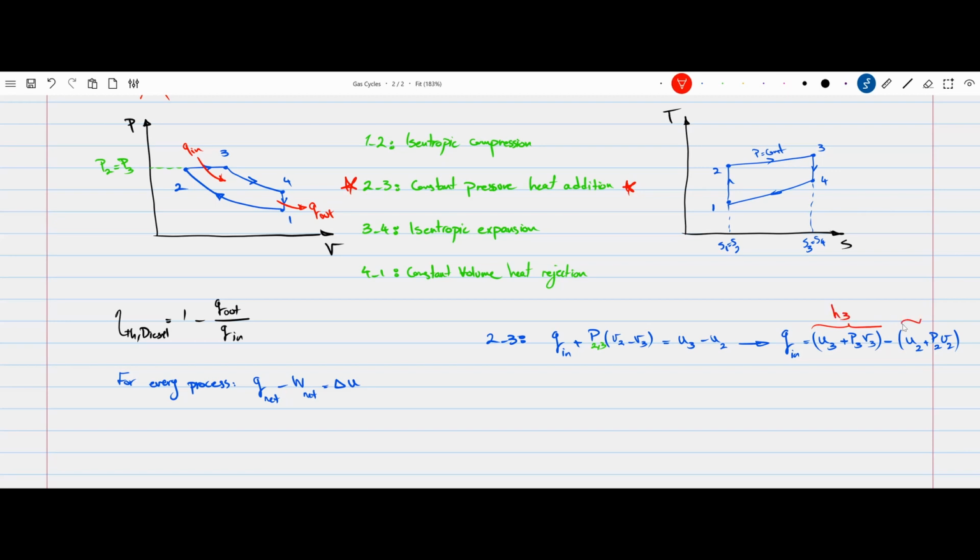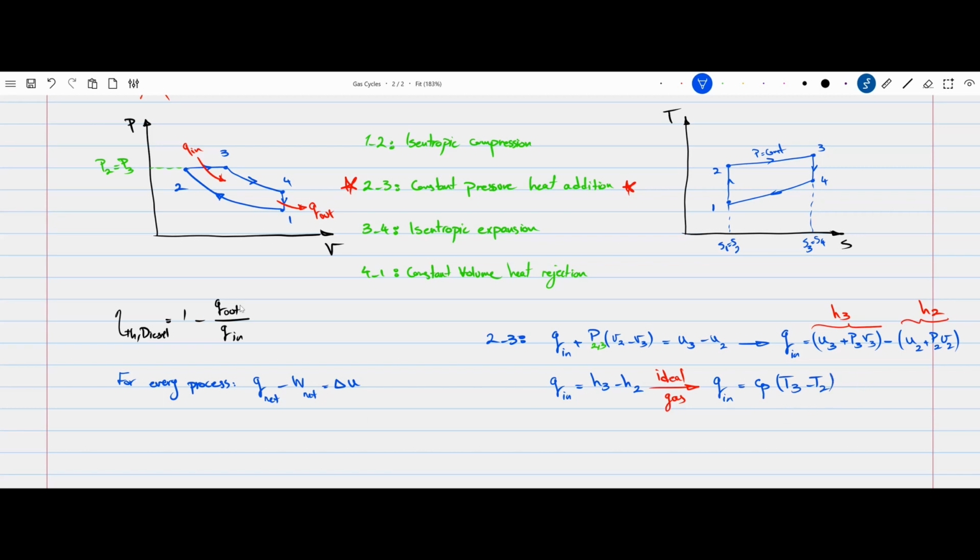So that is H3, and this is H2. And so one can conclude that Q in for the diesel is H3 minus H2. For an ideal gas, we can approximate the change of enthalpy by Cp (T3 minus T2).